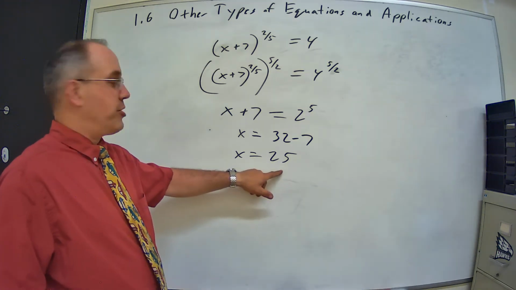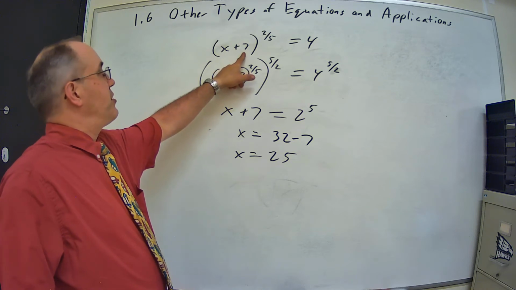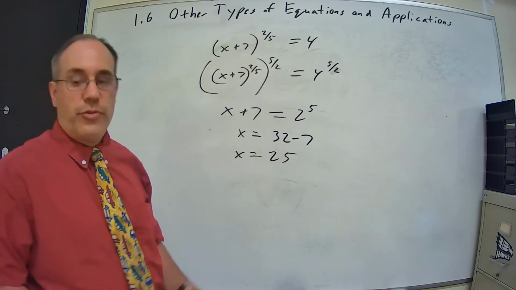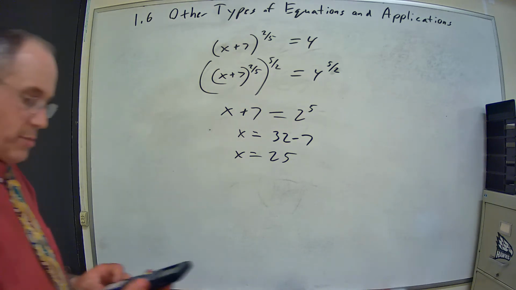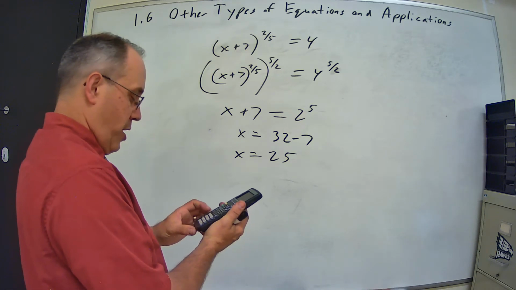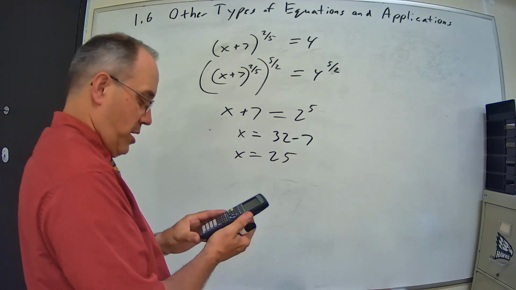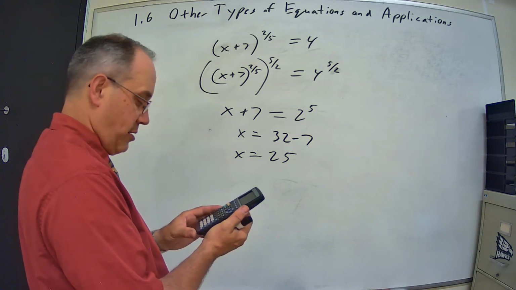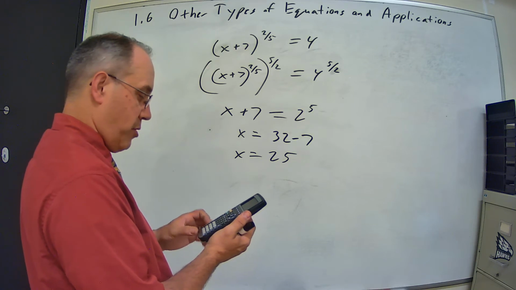So now we want to make sure that that works. 25 plus 7 is 32. 32 squared. I'm going to grab the calculator again, just so I don't make foolish mistakes in my head. So 32 squared is 1024, and then the 5th root of that, not using my calculator, so it just takes me a little moment to get to that.